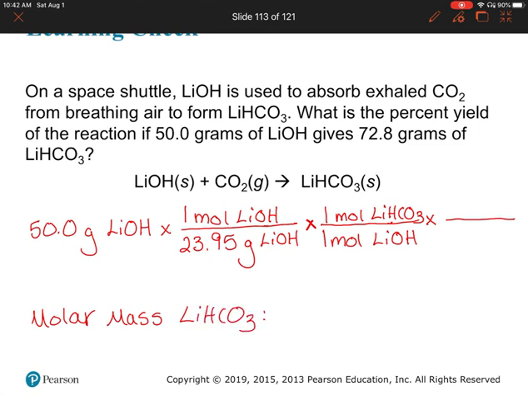Okay, so there's a few more atoms in this one. Let's see, we still have 1 lithium, so that's 6.94. I'm just going to leave out the units and add together all the masses. So hydrogen is 1.008, carbon has a mass of 12.01, and then we have 3 oxygens, so 3 times 16.